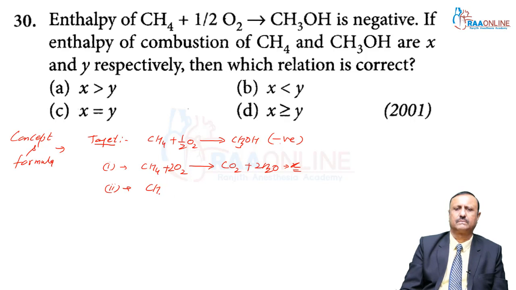This methanol is burned with oxygen to give CO2 plus water, and you get the reaction enthalpy Y. Now, my dear students, this is the negative value. It is obtained when X, here you can see CH4 is present on the reactant side, but methanol is present on the product side.